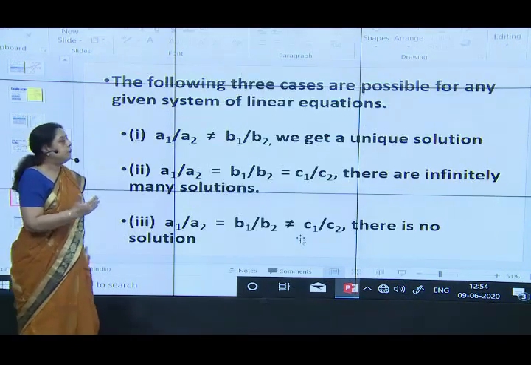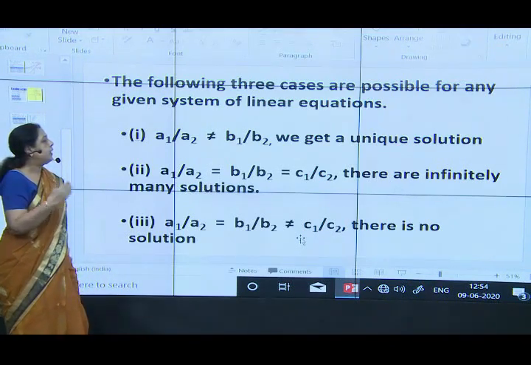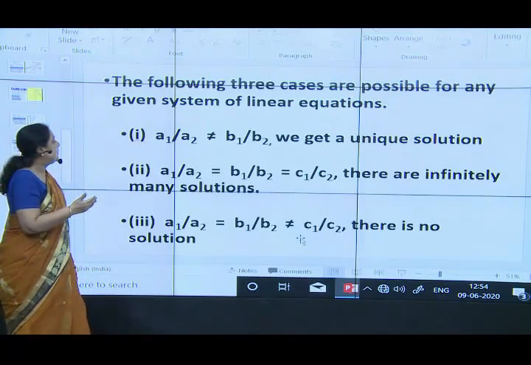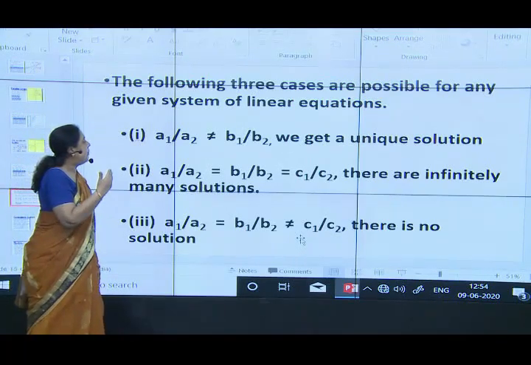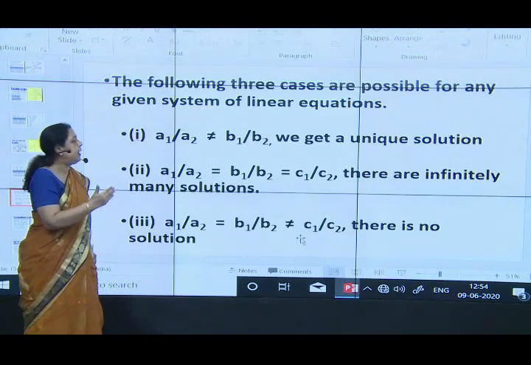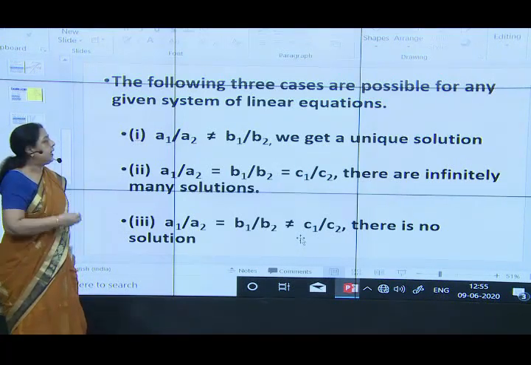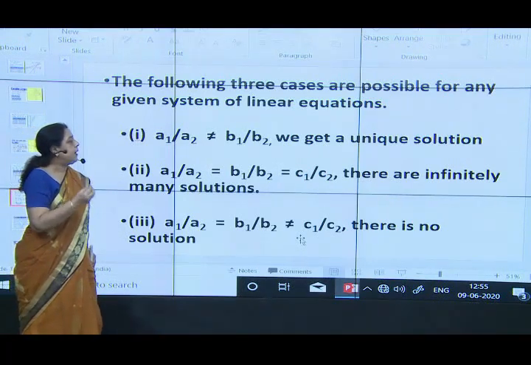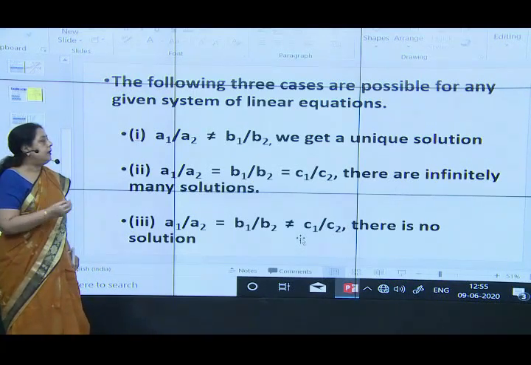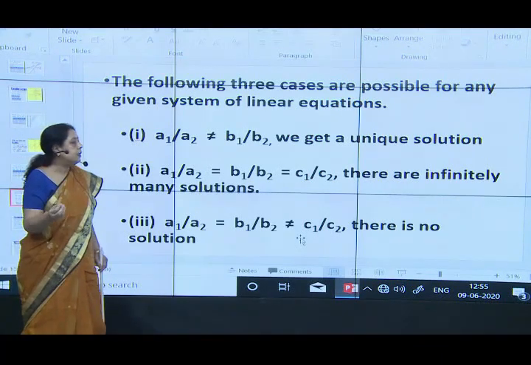Now, if we compare the coefficients of x and y, we can see that if a1 by a2 is not equal to b1 by b2, then we get a pair of intersecting lines, and in this case we get a unique solution.